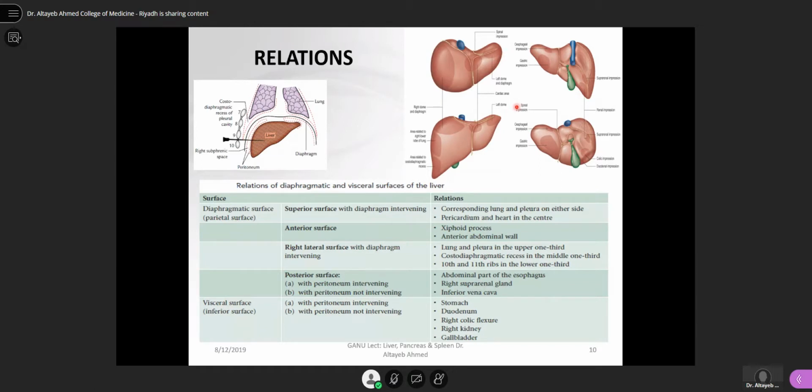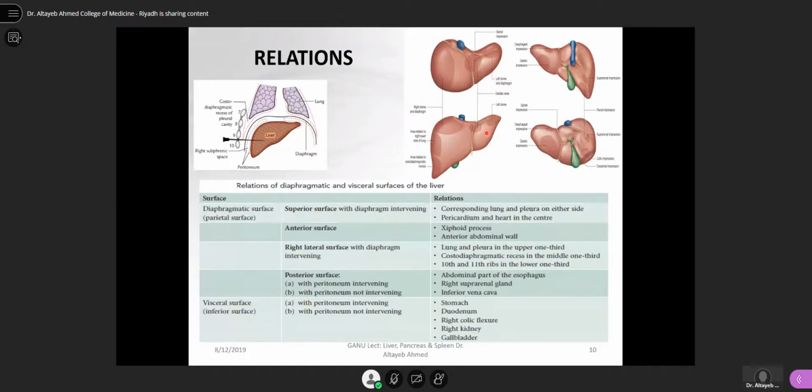Anteriorly, the liver is mostly covered by the ribs and costal margin and the xiphoid process. However, there are also anterior abdominal wall muscles like rectus abdominis, external, internal, and transversus abdominis muscles, mainly on the right and left side.